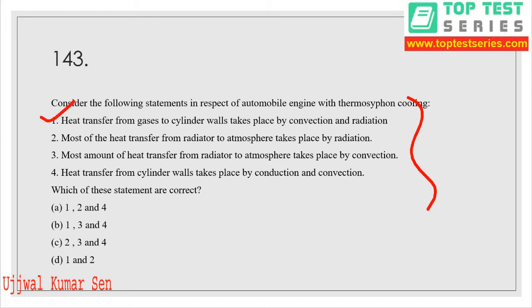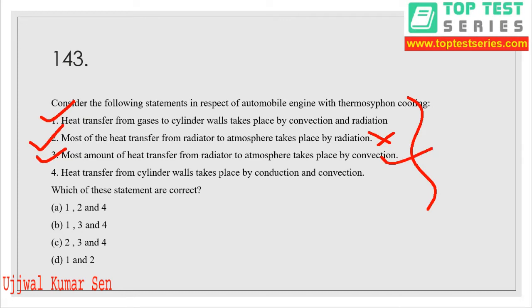Statement 1. Heat transfer from gases to cylinder walls takes place by convection and radiation. That's correct. Next, most of the heat transfer from radiator to atmosphere takes place by radiation. No, it is not correct, because most of the time it is happening because of convection, not radiation. Third, most of the heat transfer from radiator to atmosphere takes place by convection.